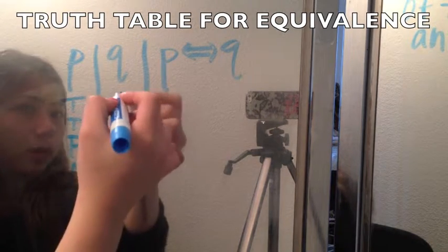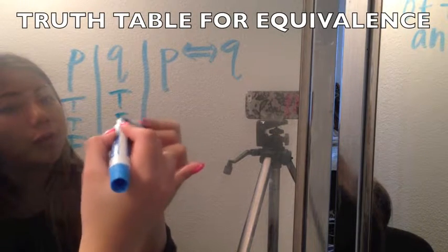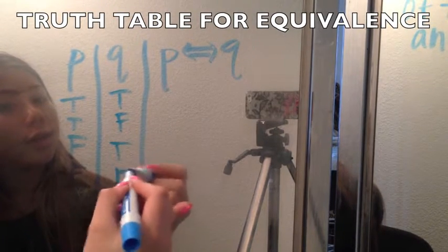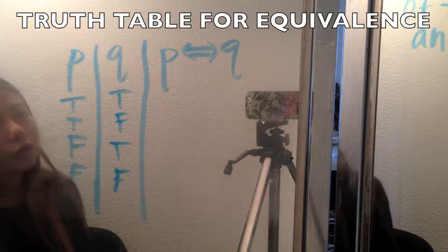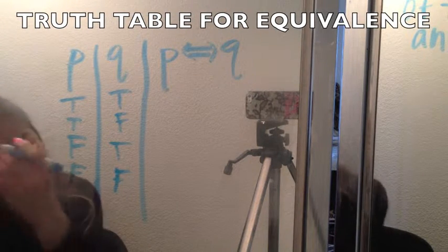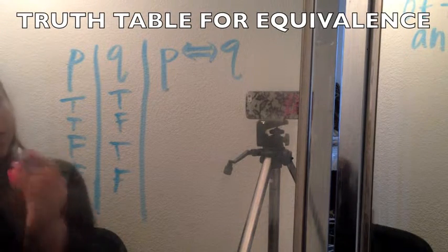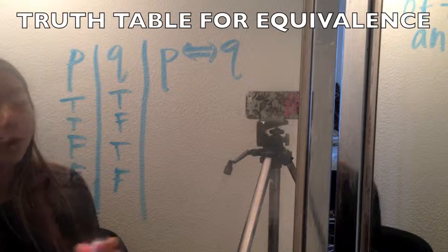But it's in a different form. It's in a pattern: true, false, true, and then false. So we know that in an equivalent statement, in order for it to be true, they both must be true, or they both must be false.